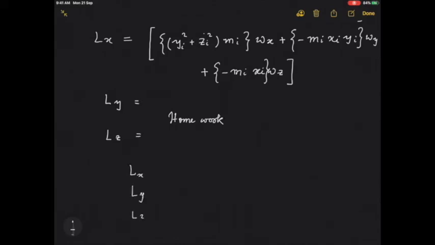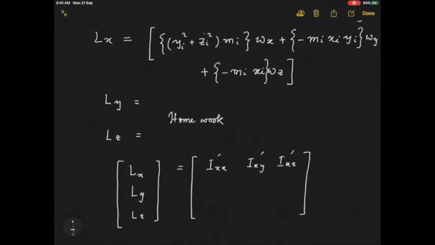Once you write all these three, you will realize that L, if I write as a column vector, can be written in terms of a matrix which looks like this.